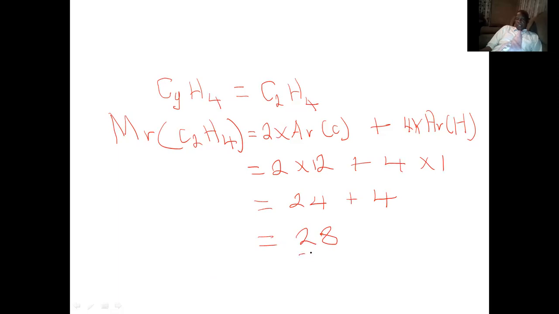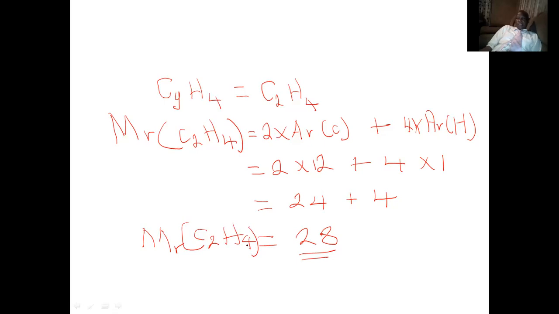Okay, as the relative molecular mass for this compound.